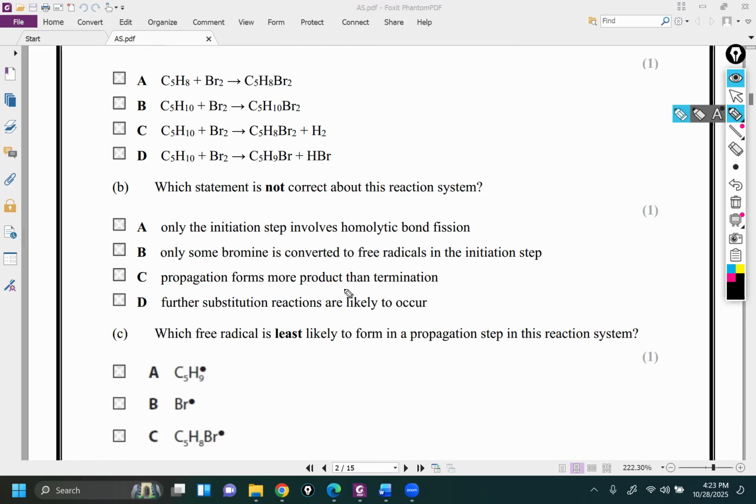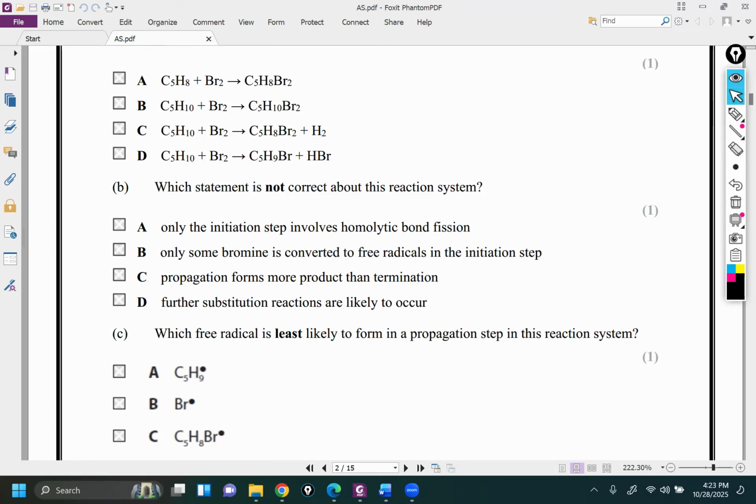Propagation gives more products, and this is a chain reaction, so it keeps going on. Option A says only the initiation step involves homolytic bond fission. Yes, but actually homolytic bond fission takes place in the propagation step as well. So the word 'only' makes this statement wrong, and this is the correct answer.